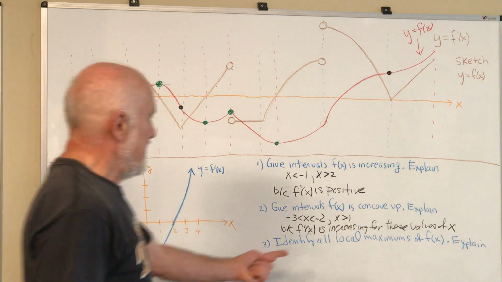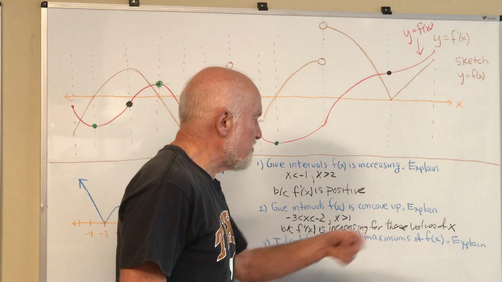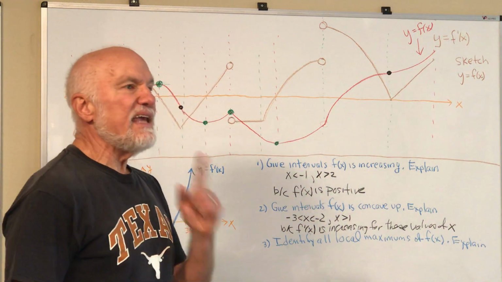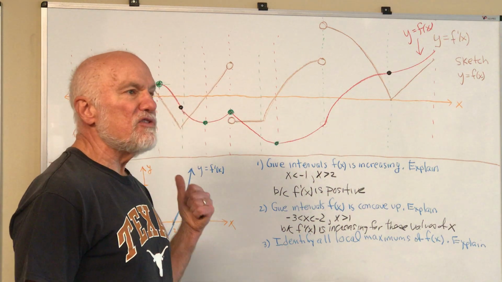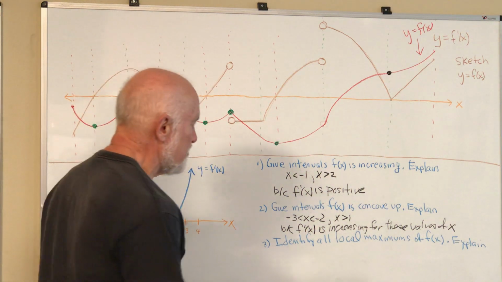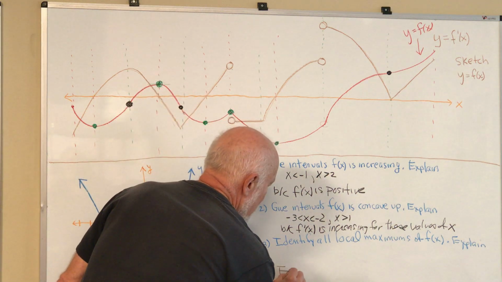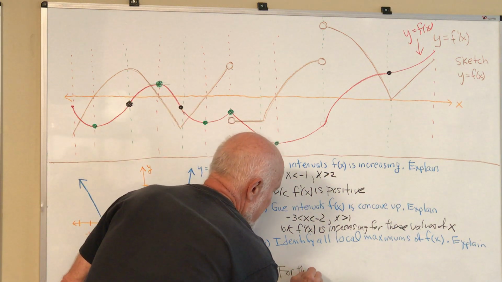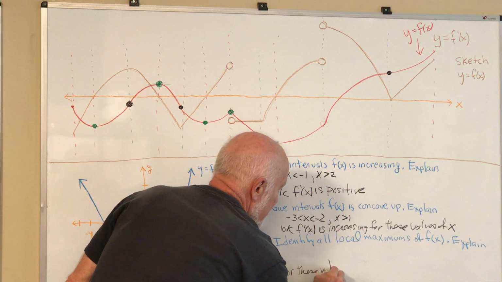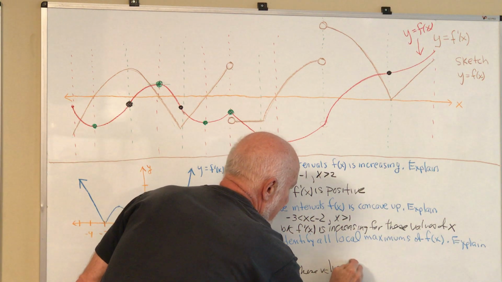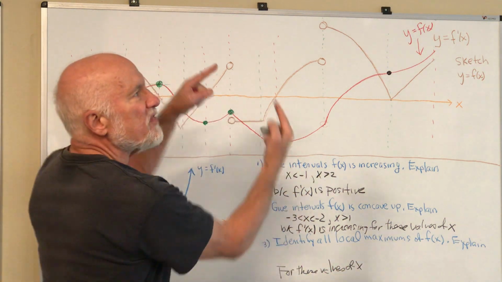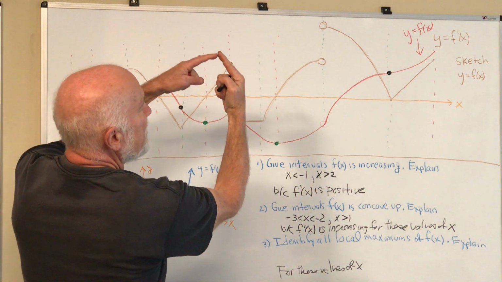We've answered that one, and we've given a full explanation. Lastly, identify all local maximums. Again, I can explain before I even look at the graph. Where do we get local maximums? For these values of x, let's see, I always have to think. Maximum is like this.